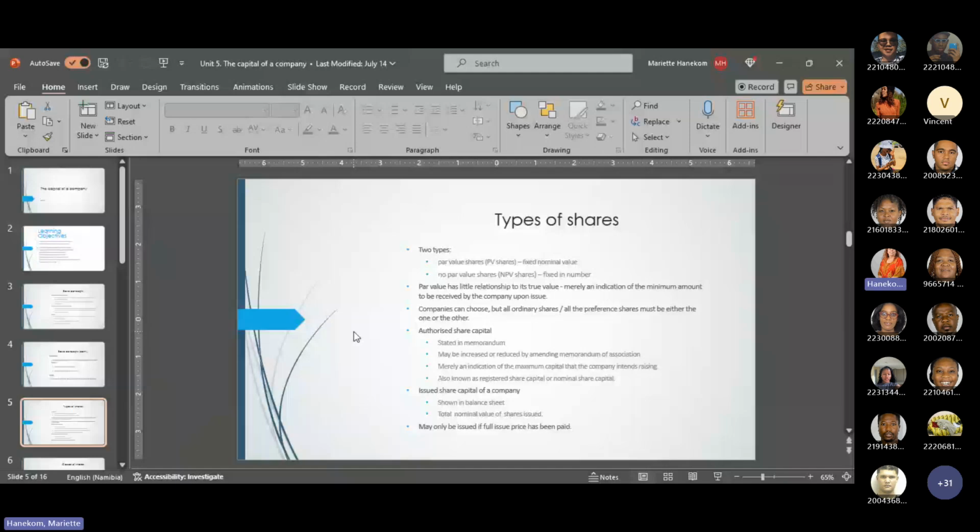In South Africa, incidentally, you no longer have no par value shares. You only have par value shares. So the par value, also known as the nominal value, that is a share that has a value attached to it.